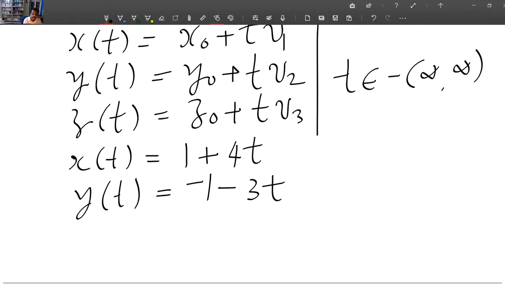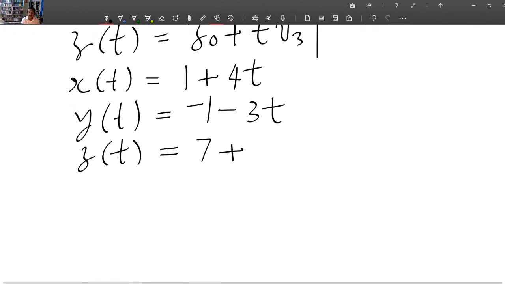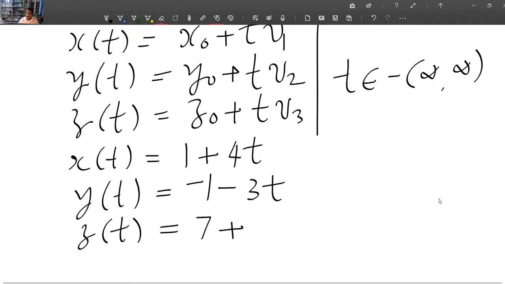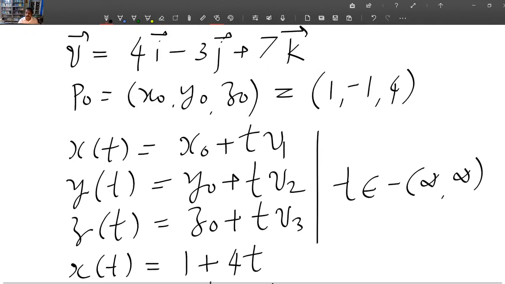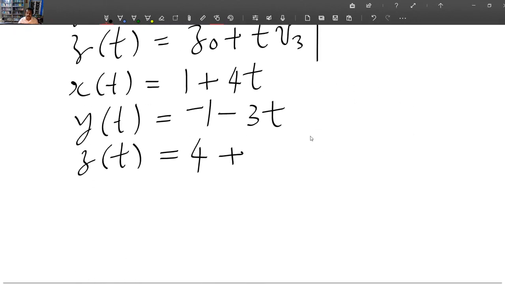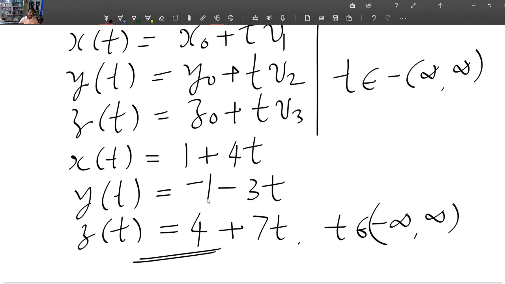And z of t is equal to 4 plus tV3, V3 is 7, so 4 plus 7t, where t belongs to minus infinity to infinity. So this is the parameterization of the line.